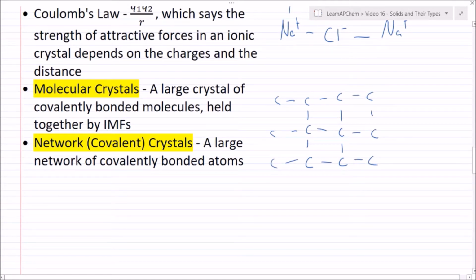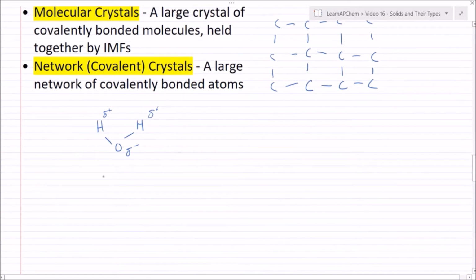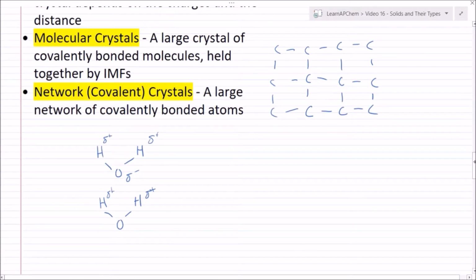Now this is contrasted with something like water, where in this network we have attractive forces holding the molecules together, but the attractive forces between the positive dipole on hydrogen and the negative dipole on oxygen aren't actually a bond, but in a network crystal they are.